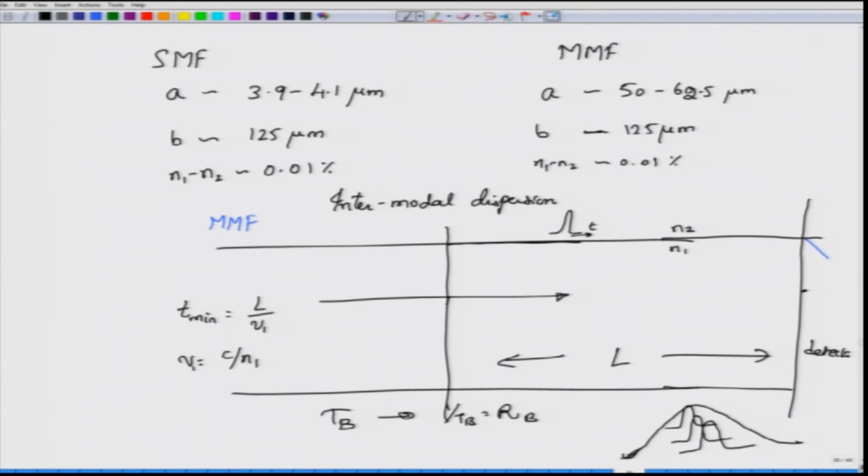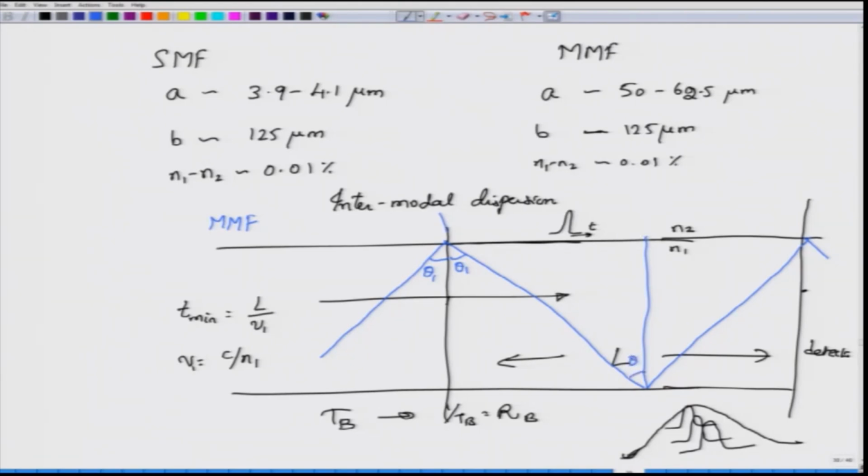Okay. But what about the ray of light that is incident at an angle? If I have a ray of light incident at an angle, then it will cover the same length L in a different time. So, for example, if my angle of incidence is theta 1, this angle is also clearly theta 1. The overall distance here is L, so this is the half distance.